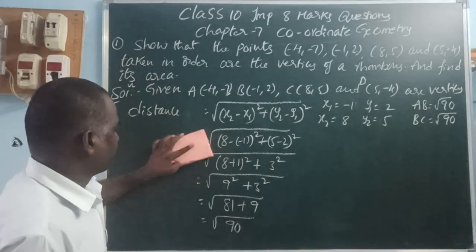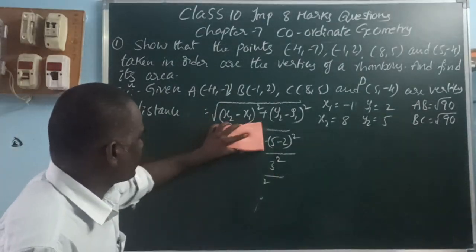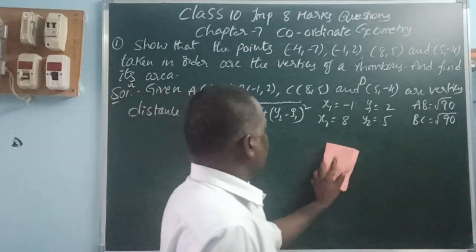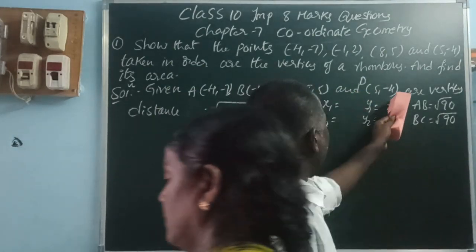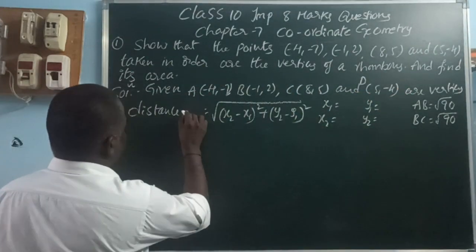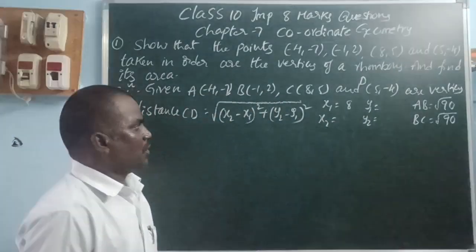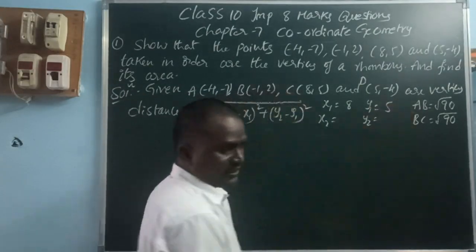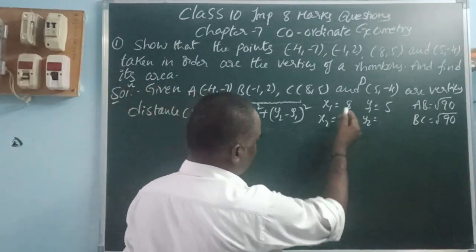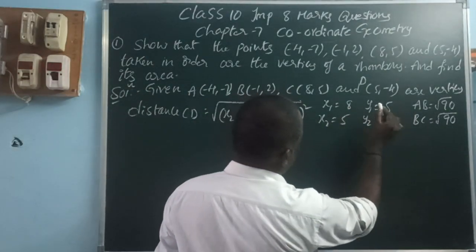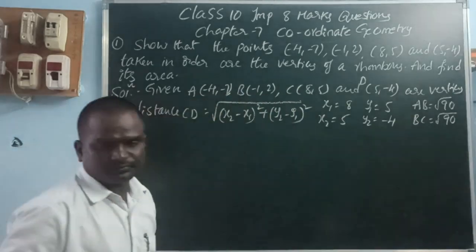Next, distance CD. C point is (8, 5), D point is (5, -4). For CD, in the first point the x coordinate is 8 and the y coordinate is 5, and in the second point the x coordinate is 5 and the y coordinate is -4.